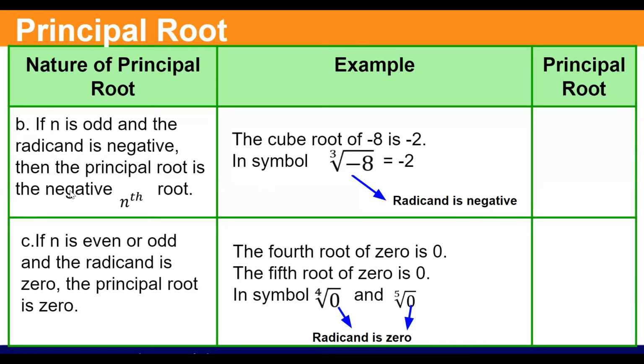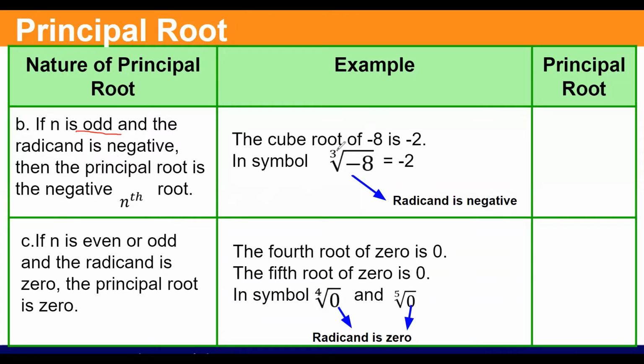Okay, so ang ibig sabihin po nito, kapag ang n natin or yung index natin ay odd, ayan, and the radicand is negative, then the principal root is the negative nth root.